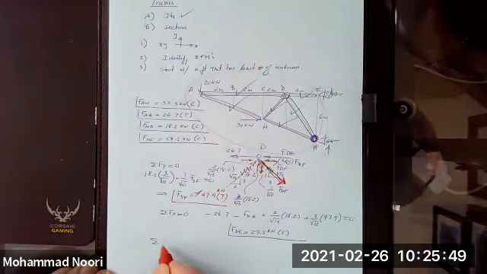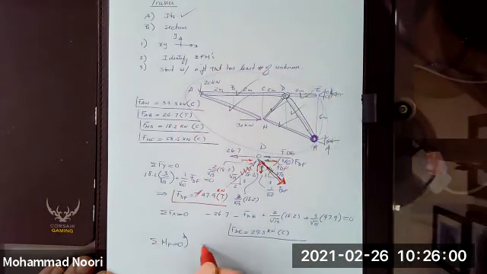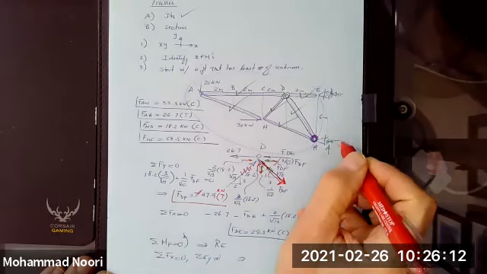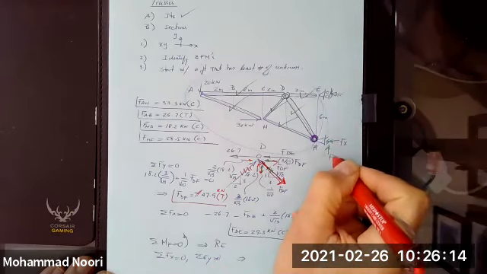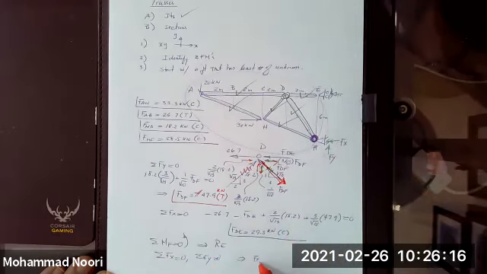If you take summation of moments about F equal to 0, that would give you this reaction force, the same as R at E. And then by writing summation of forces along x equal to 0 and along y equal to 0, you could find Fx and Fy.